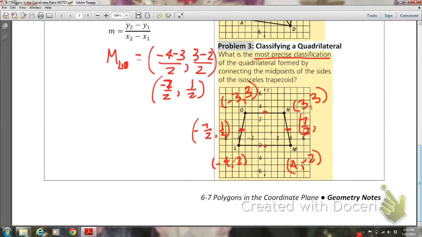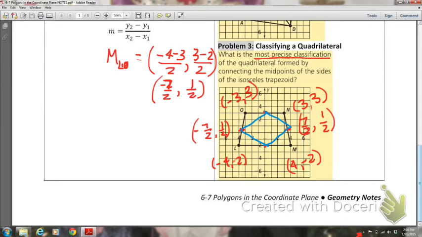Add your two y values, which is 3 plus a -2, that's 1. Divide that by 2, you're going to get a positive 1/2. So those are the points that are going to be used to form the quadrilateral that connects the midpoints of each side of that isosceles trapezoid.